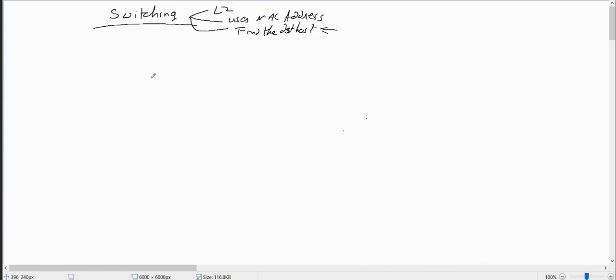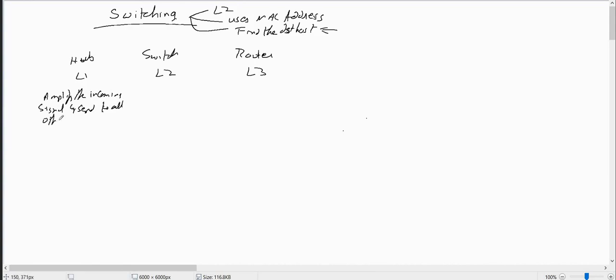So before we go there, we'll try to get the basic differences between a hub, a switch, and a router. Now, a hub is a layer 1 device, a switch is a layer 2 device, a router is a layer 3 device. A hub has no addressing schema. The function of a hub is to amplify the incoming signal and send it to all other active ports.